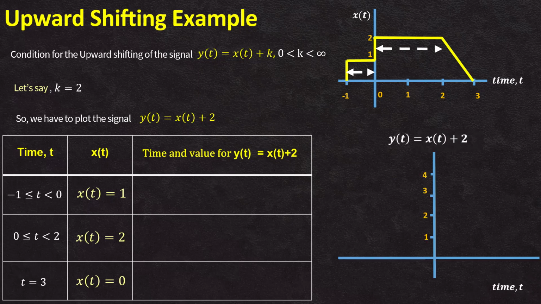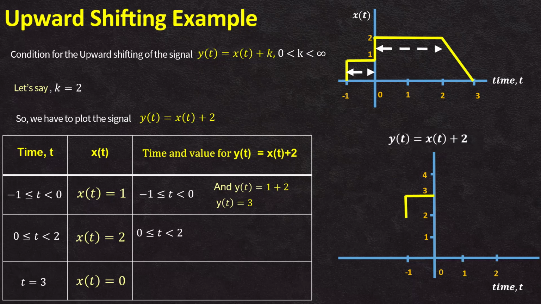Value of the signal x(t) for the time interval t greater than or equal to minus 1 and less than 0 is 1. So if we add 2 with every value of this signal in this time interval, then for this time interval the value of the signal y(t) is equal to 1 plus 2, which is equal to 3. Again, the value of the signal x(t) for the time interval t greater than or equal to 0 and less than 2 is equal to 2.